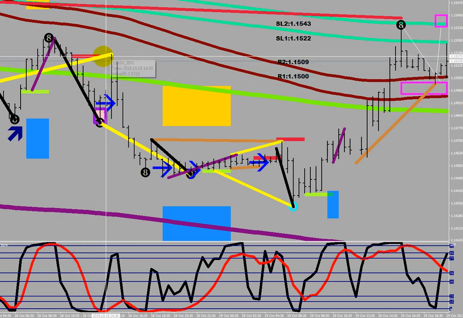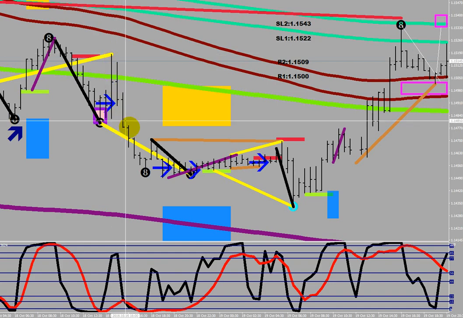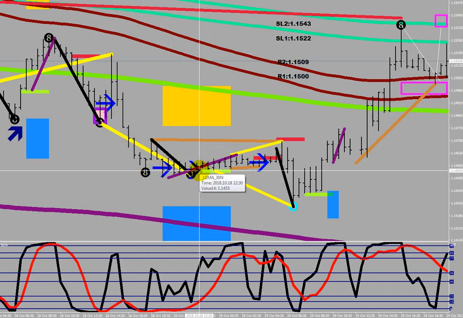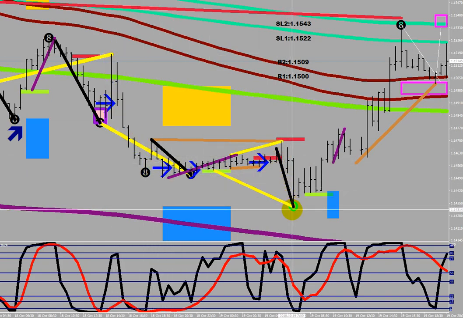So the kiss goodbye was to the overbought section of the stochastic, and then you got your fall, and an extension down to this 9 ball.